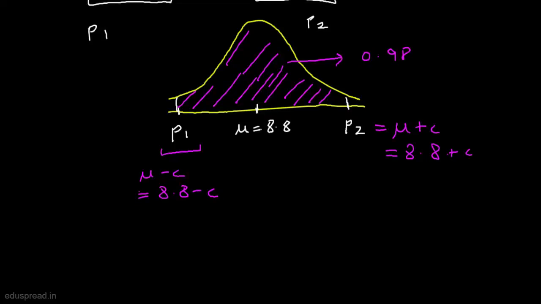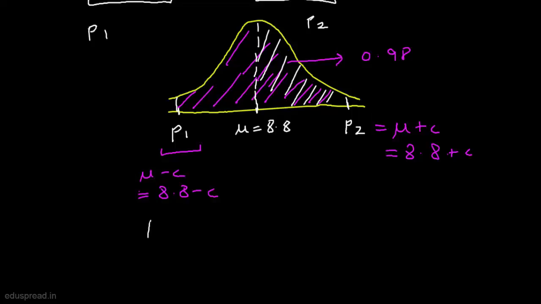Now notice that this normal distribution is symmetric. So this means that the area that I am shading right now, the probability that x will lie in this area, will be equal to 0.98 divided by 2 because these two areas are symmetric.